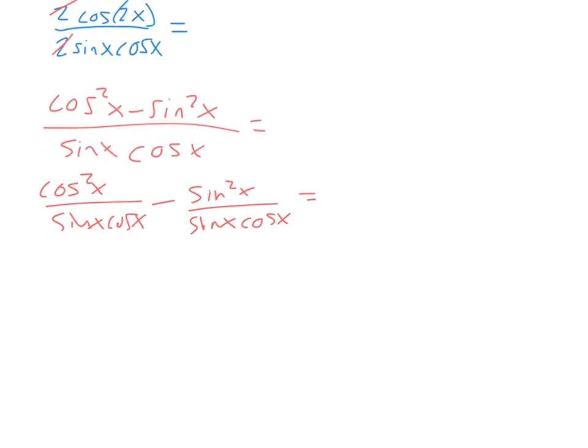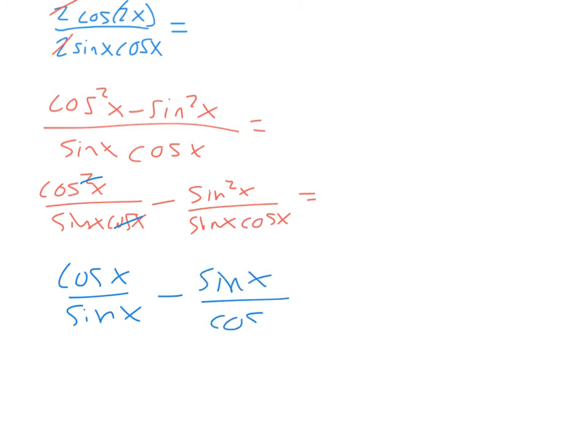And I notice right away I can cross out a cosine on both of these. I can get rid of one cosine for one cosine, so I'm left with cosine of x over sine of x minus, over here I can cross out a sine, so I'm left with sine of x over cosine of x. And if I look right there, that's going to be cotangent of x minus tangent of x.